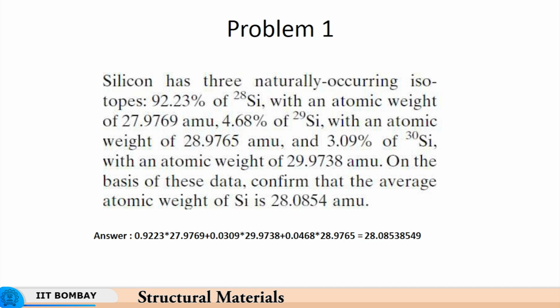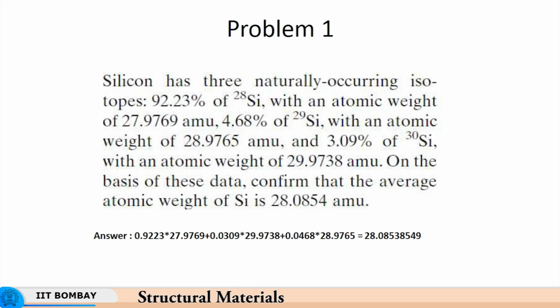So, the average atomic weight is essentially a linear combination of the percentage of a particular isotope available and its atomic weight, and therefore, we have 0.9223 into 27.9769, which is the atomic weight of silicon 28. Similarly, you have 0.0309, which is 3.09% of 30Si.